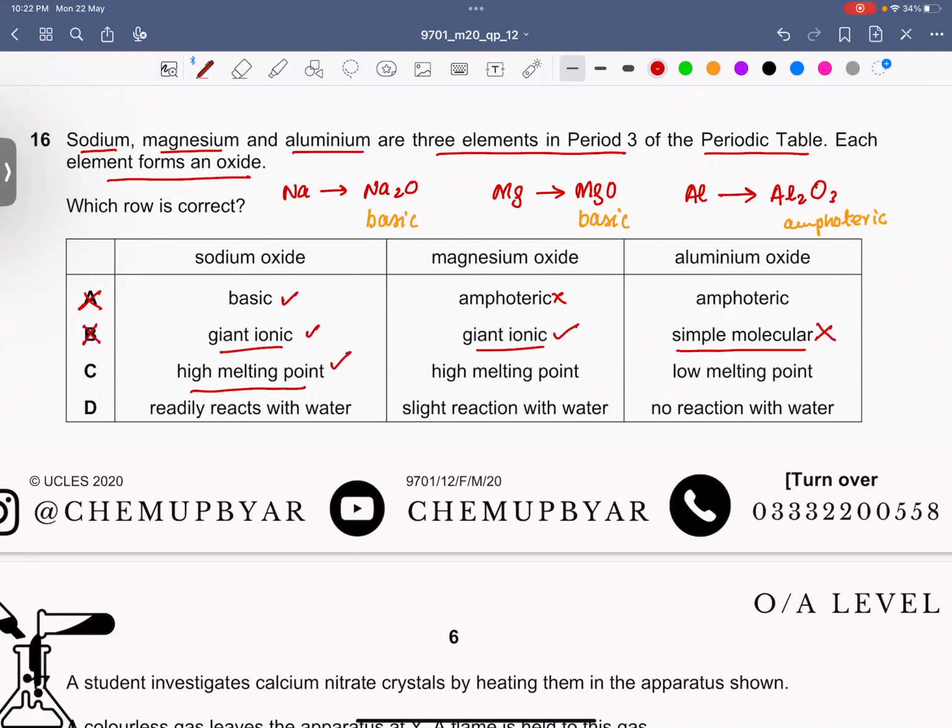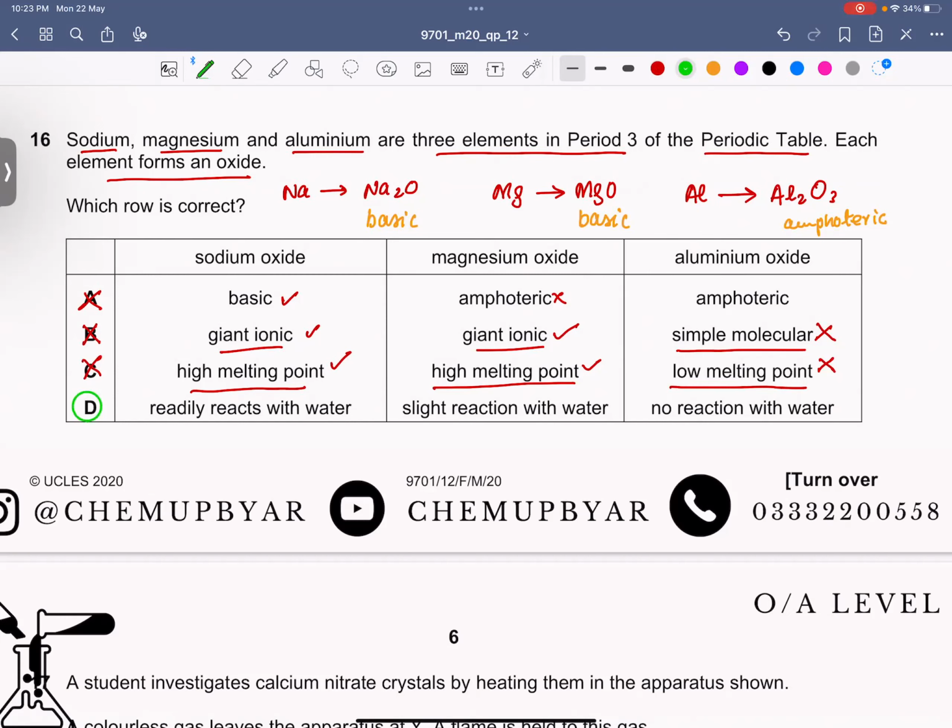High melting point. Aluminium oxide is also a giant ionic, so it must have a high melting point. So this option, C option, also goes wrong. So it means our correct answer is D.